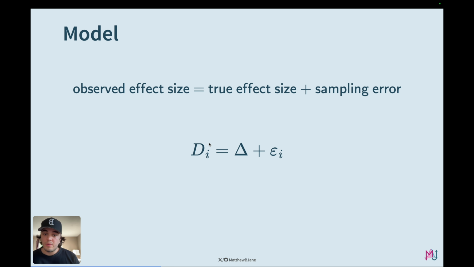In this model, we have our observed effect size for study i as d_i, and then we have our true effect size, delta, and we have our sampling error term, which is essentially defined as the difference between the true effect size for a given study and the observed effect size for a given study. And again, the true effect size is the same for each study according to this model.